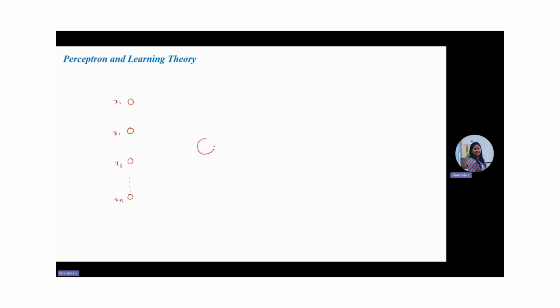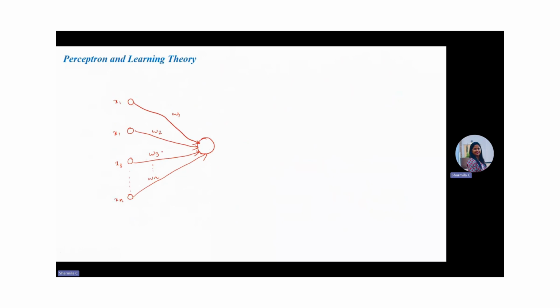As we already saw in the simple McCulloch Pitts model, each input is associated with an individual weight. I'll represent these weights as W1, W2, W3, followed by Wn.